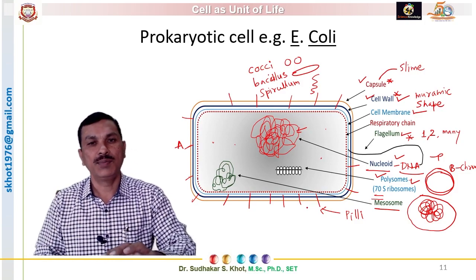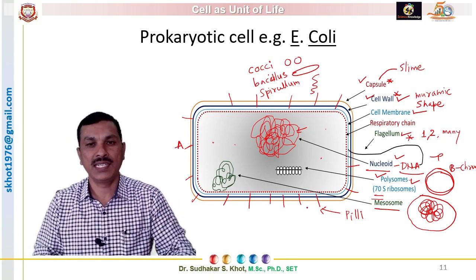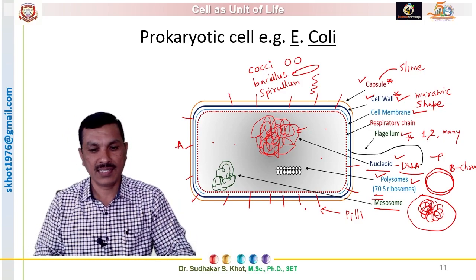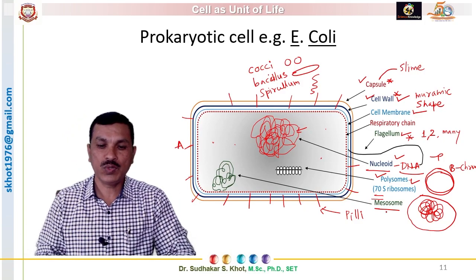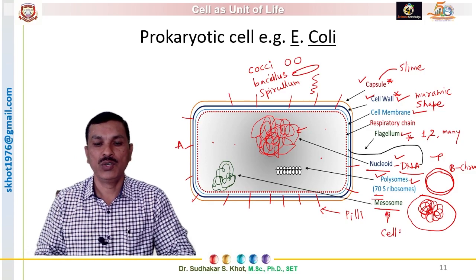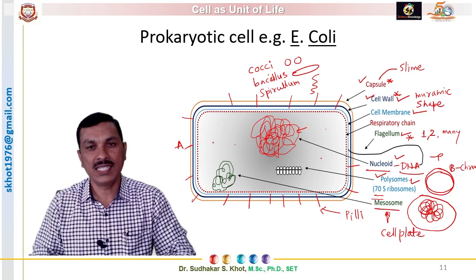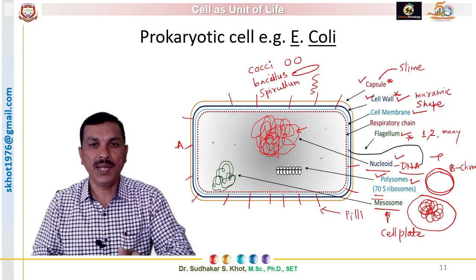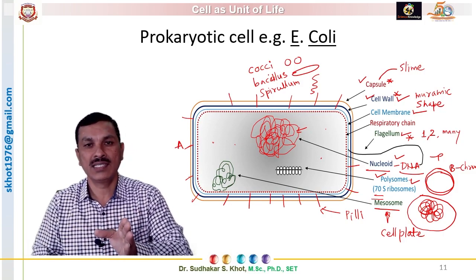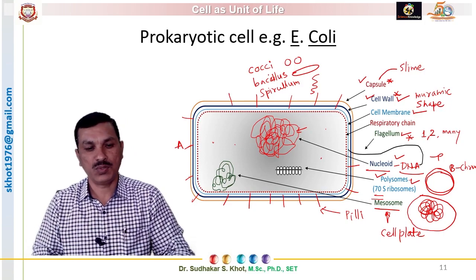In this way, it provides extended surface area for metabolic activities. The mesosome also helps in formation of the cell plate during cell division. So whenever there is fission and the cell divides into two, the cell plate between these two daughter cells is contributed by the mesosome.